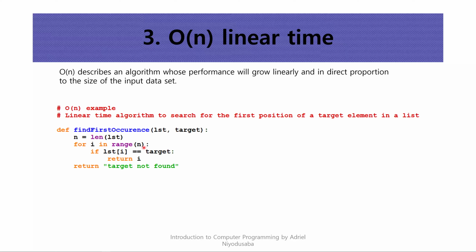This is O of n because we saw big O is about the worst case. So in the worst case, I don't find the number, so I reach the end of the whole list without finding the number, and that will take me n time, because I have to go through n elements, where n is the number of input data.